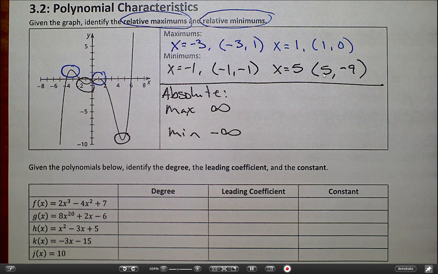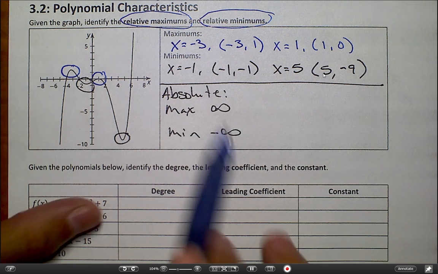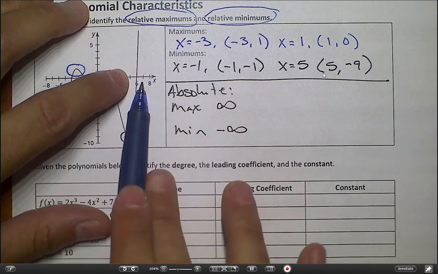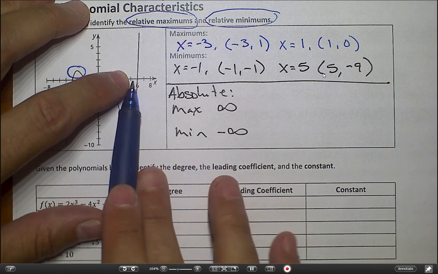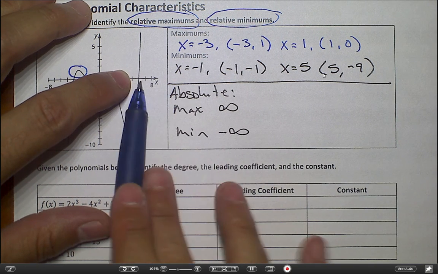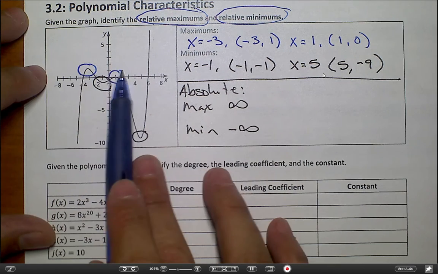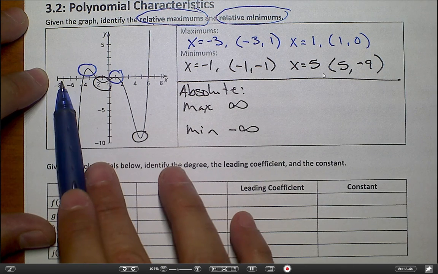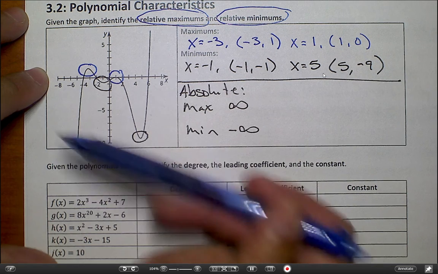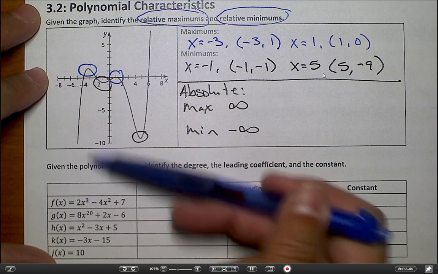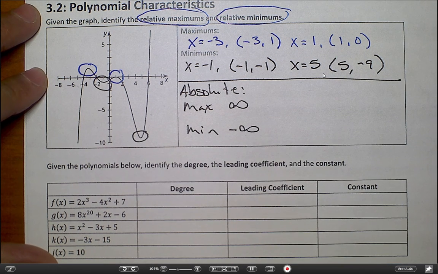So I don't have an x value, because as it keeps going this way, it keeps going up, doesn't it? The x value keeps getting bigger, and it also keeps going bigger. As I get big negative x values, I get negative y values. So it goes down to negative infinity.